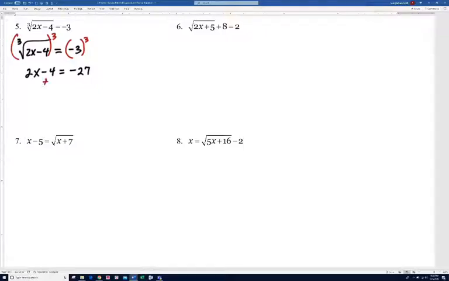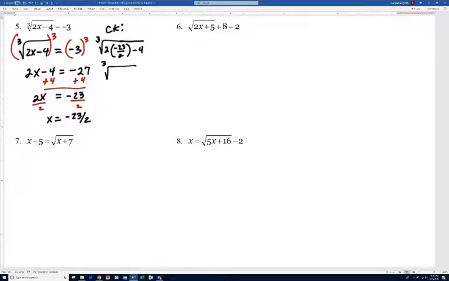Let's go ahead and add 4 to both sides, and then we'll need to divide by 2. We get negative 23 over 2. So let's go ahead and check this. I'm going to plug in negative 23 over 2. Now, notice the 2's cancel here, and you're left with negative 23 minus 4.